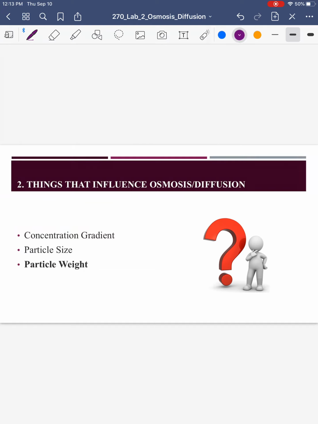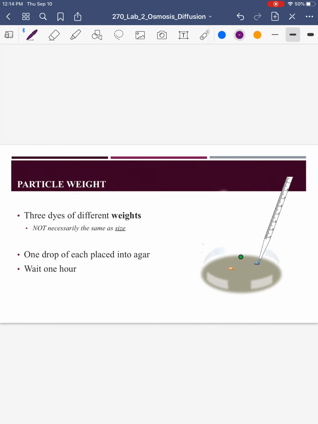Got it. Now we're going to be looking at our last thing that can influence osmosis and diffusion in this lab, and that is particle weight. We previously looked at particle size, and now we're looking at particle weight. Now, I want to make a point here. When we look at weight, this is independent of size. So I think people commonly link these together, that if something is a heavy weight, it's probably a large size.